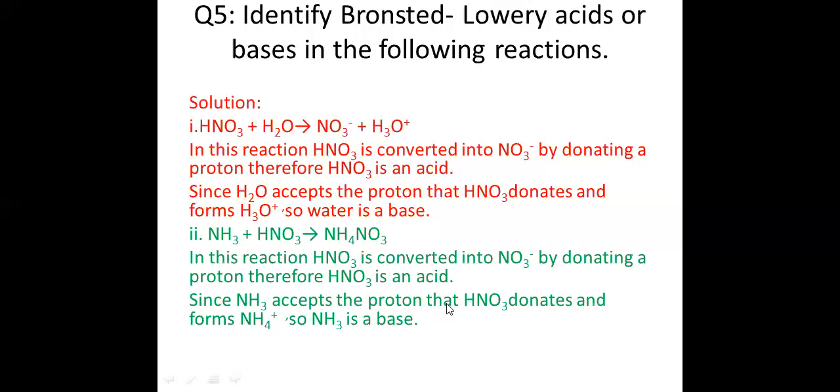It means that ammonia is accepting a proton, so ammonia is a base. And the nitric acid is converted into nitrate ion by donating a proton. Therefore, nitric acid is an acid. So nitric acid is donating a proton, so it is a Lowry and Bronsted acid. While ammonia is accepting a proton, so it is a Lowry and Bronsted base.